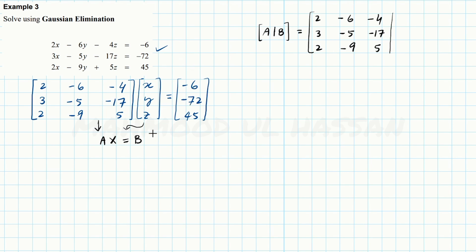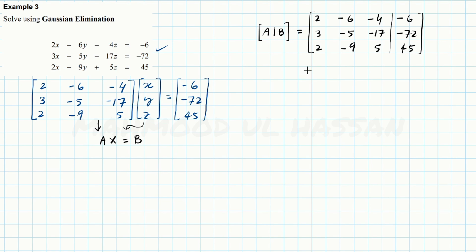Then the constant matrix, the matrix B, that is -6, -72, and then 45.